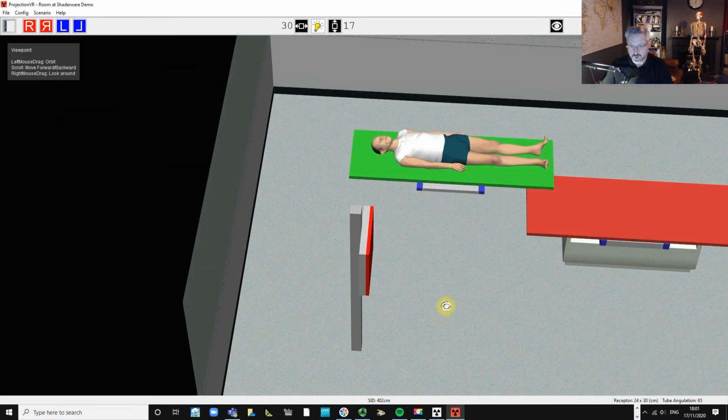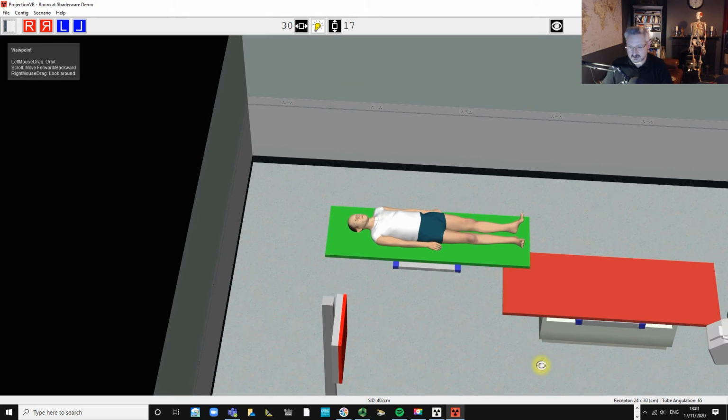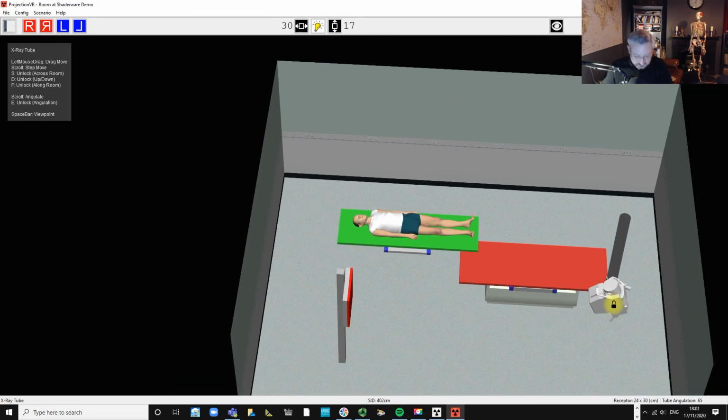Okay, so we could do the standard projection, which we've just done. AP, of course, we can't do the PA one, so we'd have to resort back to an AP clavicle with the patient on the trolley.